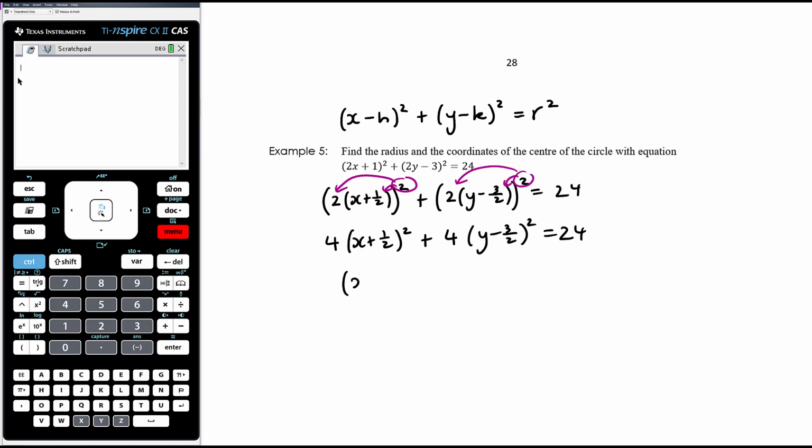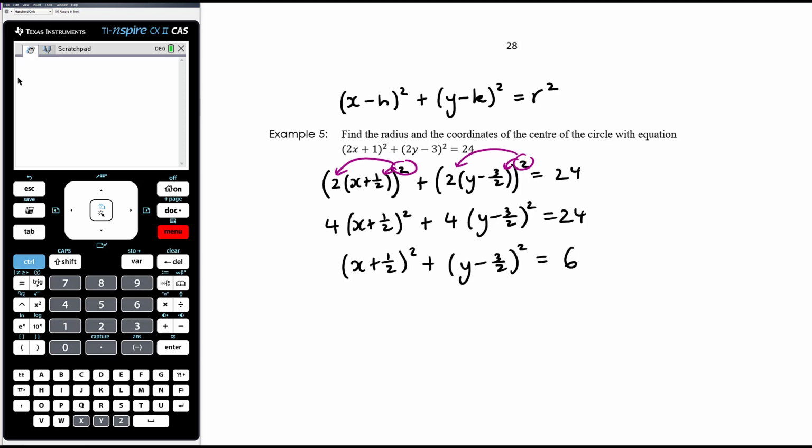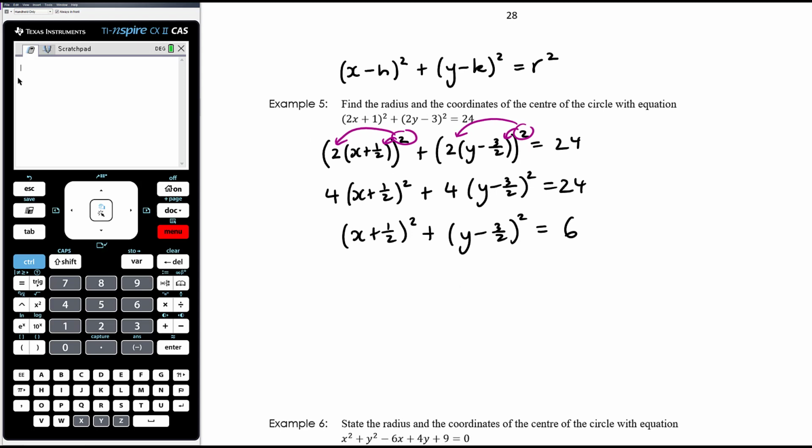Okay, so we're going to have (x plus 1/2) all squared plus (y minus 3 on 2) all squared equals 24 divided by 4 is 6. So now we're in the required form, and we can see that the centre has coordinates of negative 1/2, positive 3 on 2, and the radius is going to be root 6.